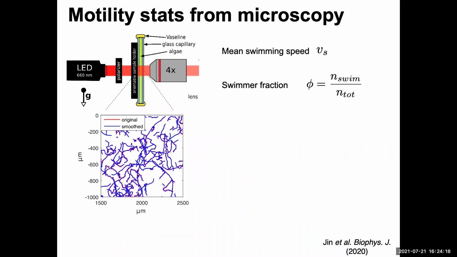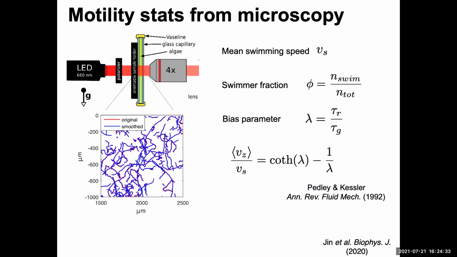Then we measured the swimmer fraction. This is the number of swimming cells divided by the total, as inferred from imaging. Then we measured the bias parameter. This is a measure of the ratio between the rotational diffusion time and the gravitactic reorientation time.